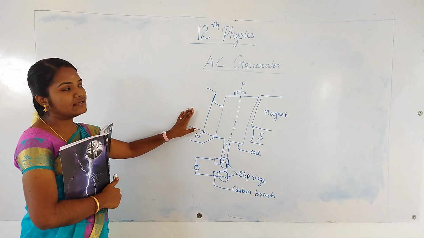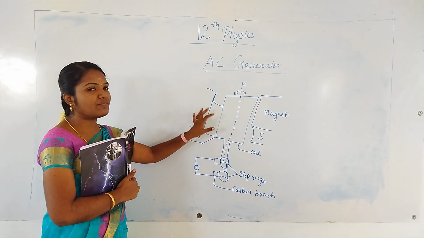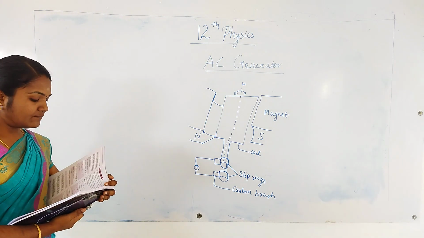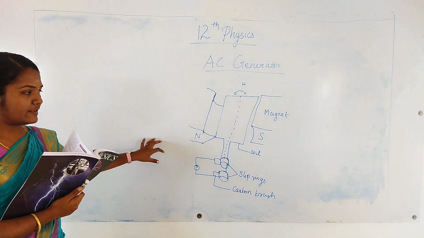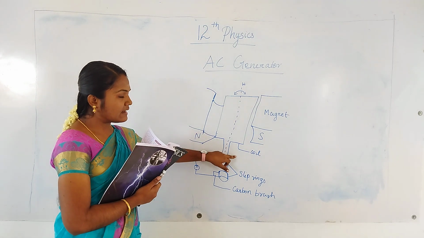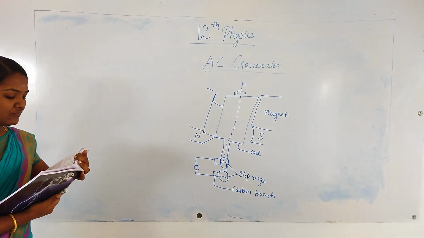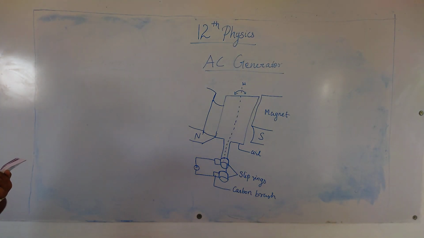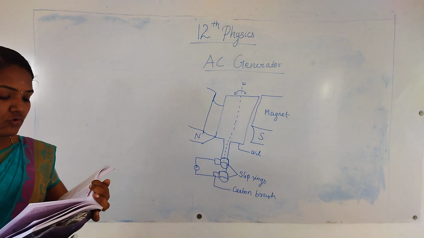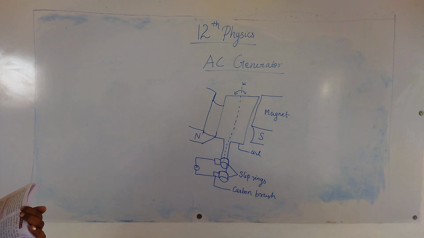The mechanical energy is used to rotate the rectangular coil or a field magnet, and it is converted into electrical energy.